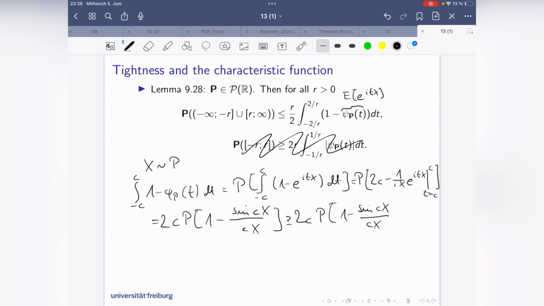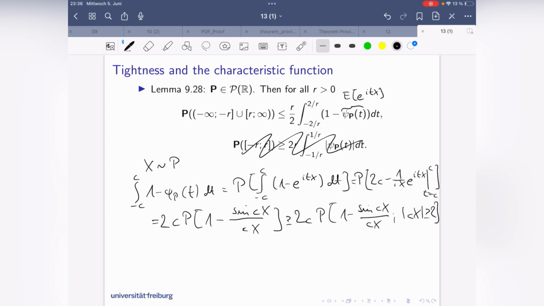So if I restrict this here to the set that cX is bigger or equal to 2, I make that smaller, which is the reason for this inequality here. Yes. So like this.